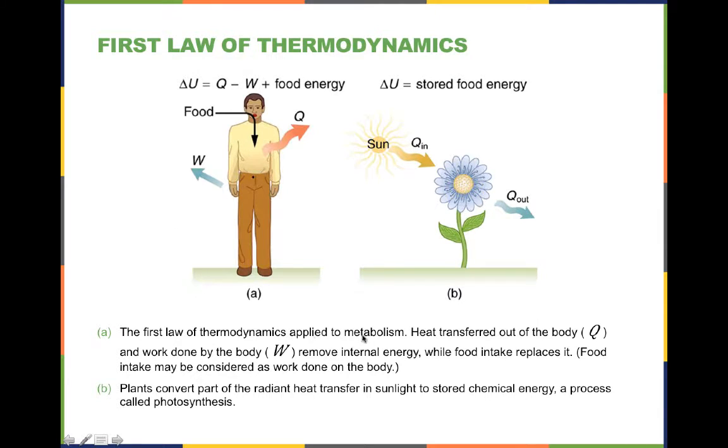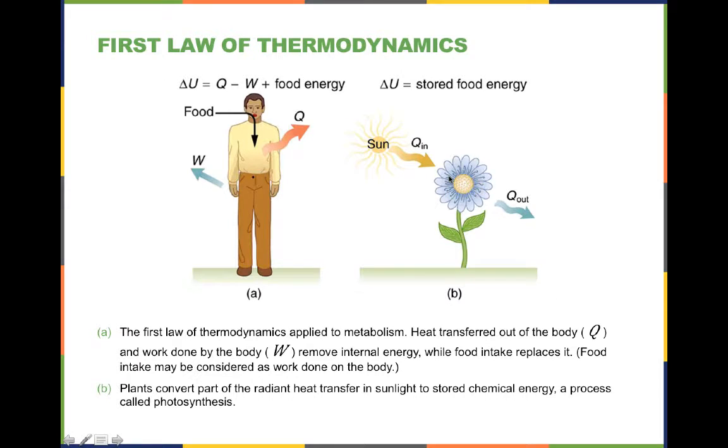And so if you look at the first law of thermodynamics in terms of metabolism, heat is transferred out of the body, so it'll be negative, and work is done by the body, so it is also positive. At the same time, overall you end up with a removal of internal energy, but the food intake acts to replace it, and the food is what is used to provide the work done by the body and the heat lost by the body.